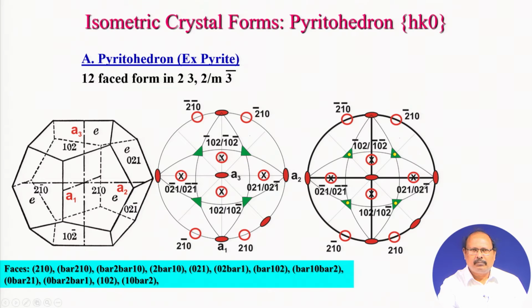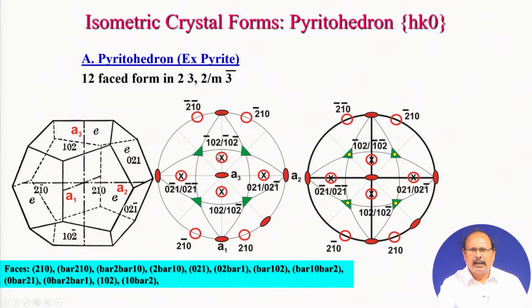And what will be the symbol of this crystal face here, which lies in the crystal zone between 001 and bar 1 0 0? The midpoint position here will be bar 1 0 1.